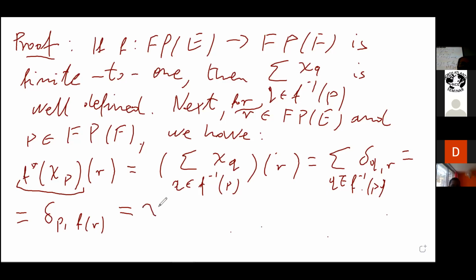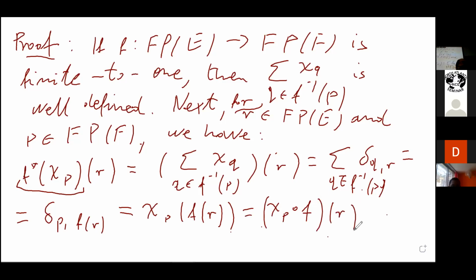Okay, but now, of course, by the very definition of characteristic functions on the space of paths, this is precisely the same as chi P evaluated at F of R. All right, but this is the same as chi P composed with F evaluated at R. And this means that indeed this formula which defined F star is really a pullback.